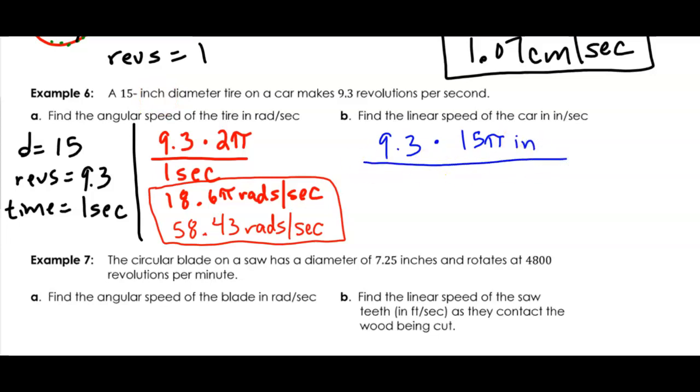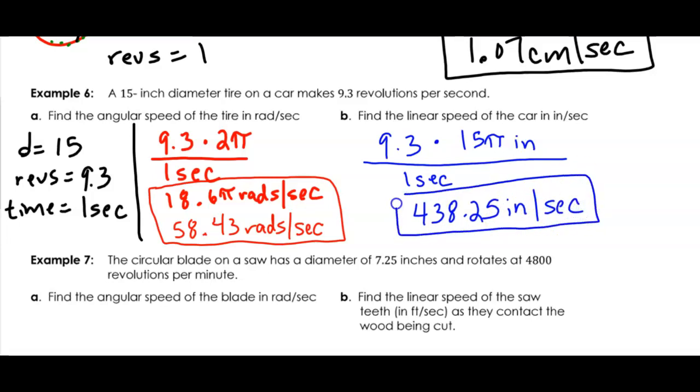And then our time was 1 second. So before I multiply this out, I double check. Find the linear speed in inches per second. So if we look here, inches per second. So we're actually good to go. All you're going to do is punch this in your calculator, go ahead and multiply pi out. So you would end up with 438.25 inches per second.